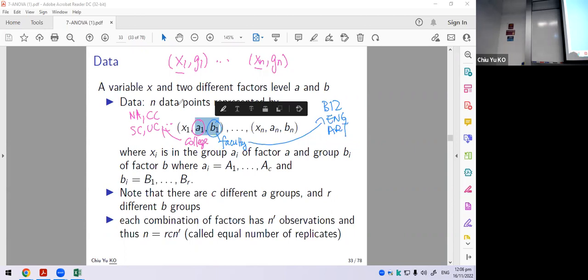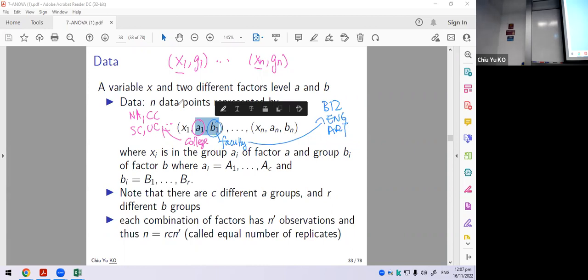Suppose you're a farmer growing a crop. You can change one dimension, say different levels of sunshine, which is A. B may be different levels of fertilizer. Then you want to see which combination of sunshine level and fertilizer level is going to give a difference.